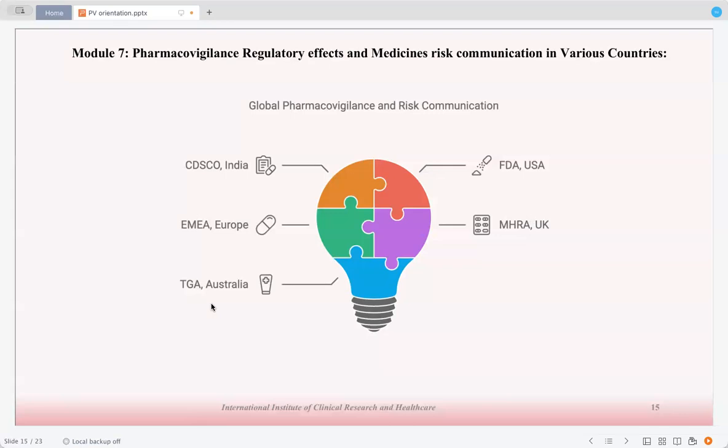It ensures the safety of medicines in Australia by monitoring adverse drug reactions, requiring periodic safety reports, and overseeing post-marketing surveillance. It communicates risk through safety alerts, public health warnings, and updates to medicine labeling and usage guidelines. So these are the different regulatory agencies in different countries. They are responsible for collecting the adverse event reports in their countries.